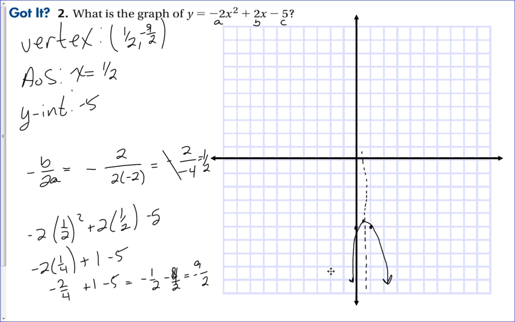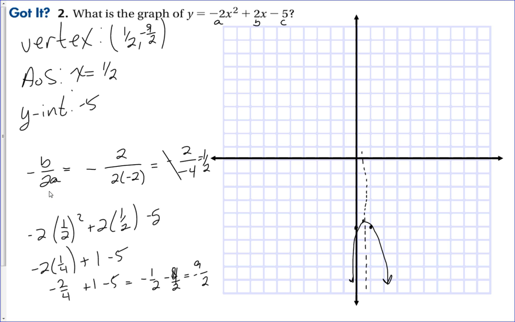So, just to review, when you have your equation in standard form, negative b over 2a is the x-coordinate of your vertex as well as your axis of symmetry. And then to find the y value of your vertex, you simply take the x-coordinate of your vertex, plug it into your function, and the value you get out is the y value of your vertex.